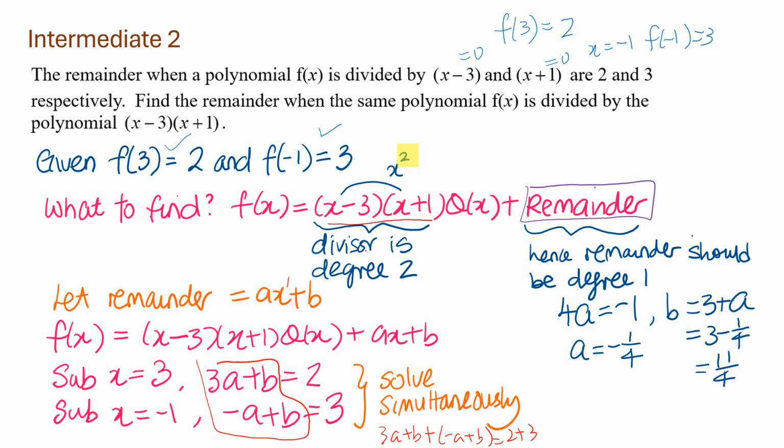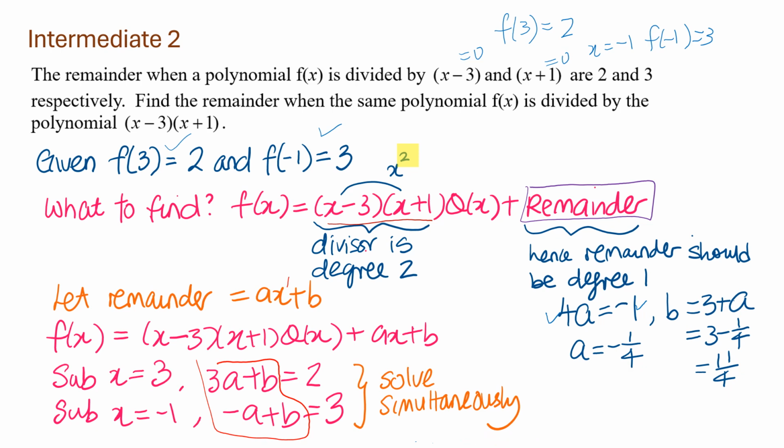Right, so sorry, you should not add them, you should minus them. So that the b minus the b will be gone, but 3a minus a will give you 4a here, and 2 minus 3 will give you -1. So that explains how we get 4a equals to -1, and therefore a will be -1/4.